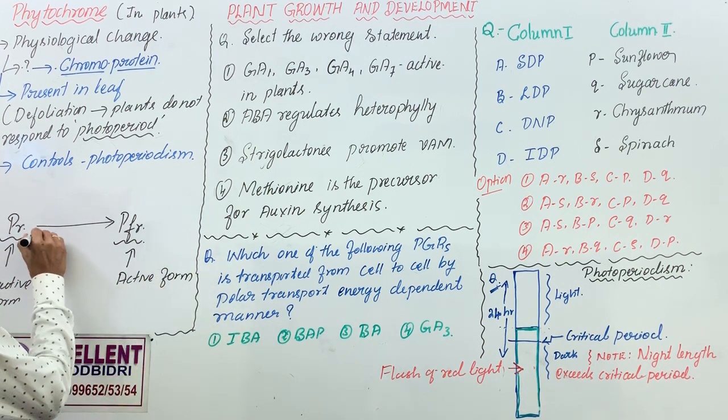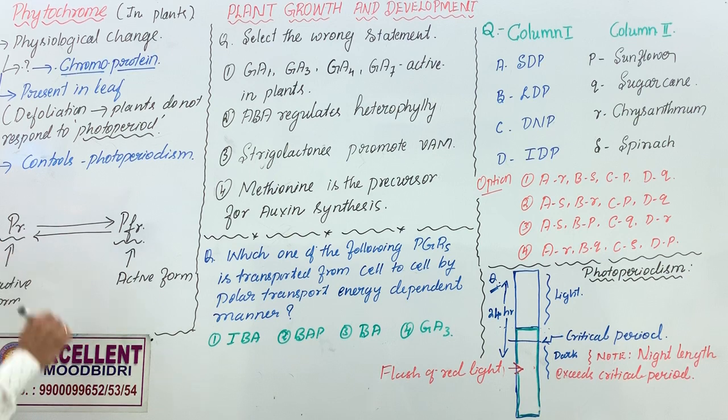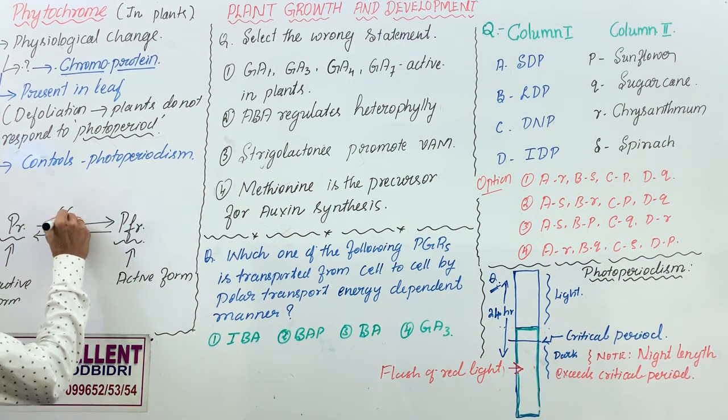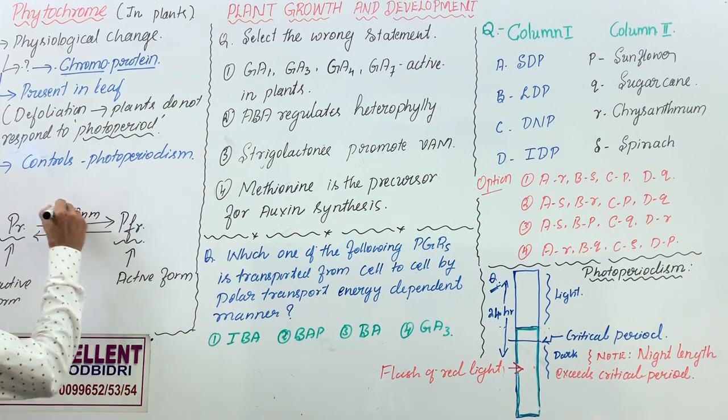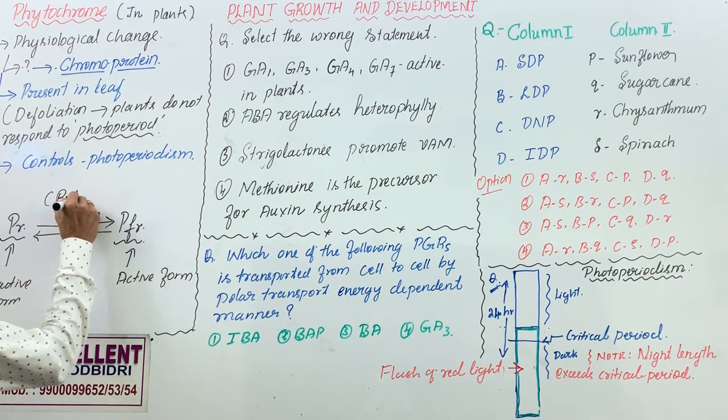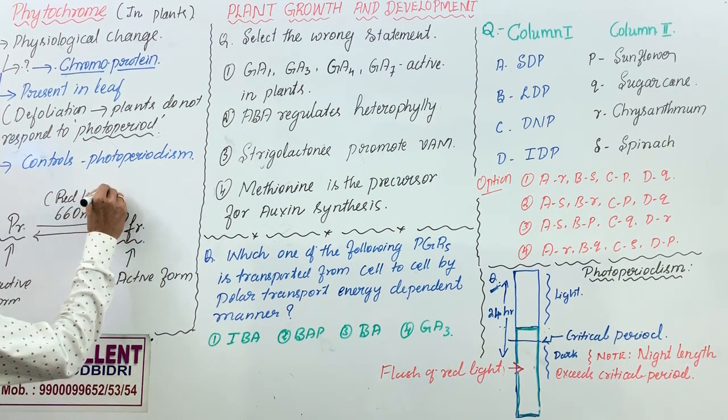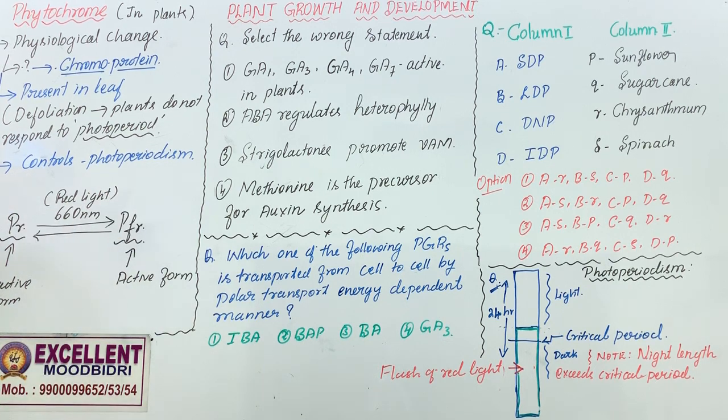Now you may ask the question, when will it become active, when will it become inactive? At 660 nanometer, can I say red light, sunlight comprises a wavelength from 400 to 700 nanometer. In that, red light can activate this receptor.